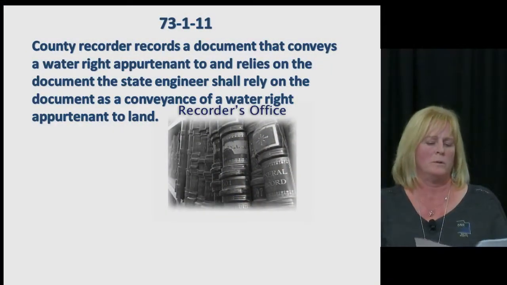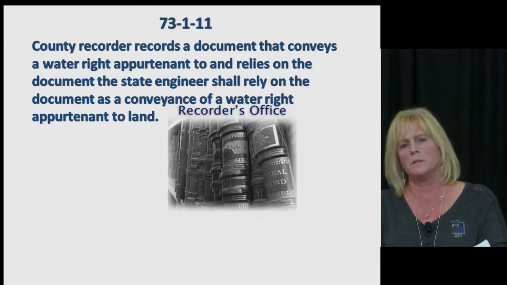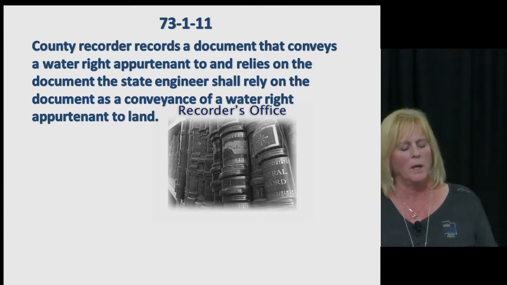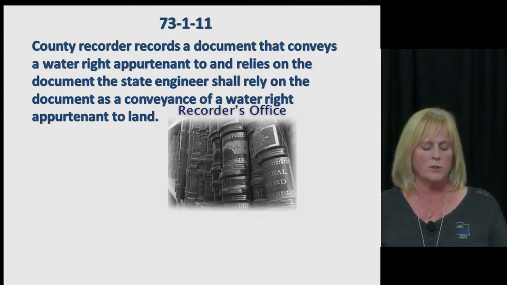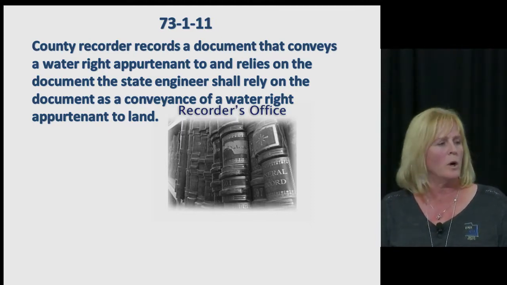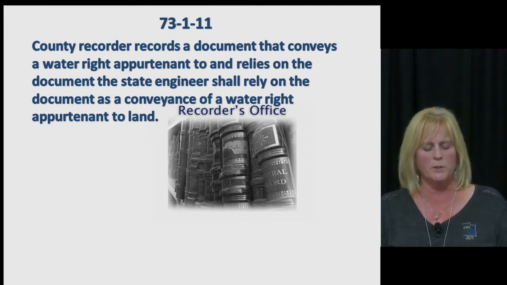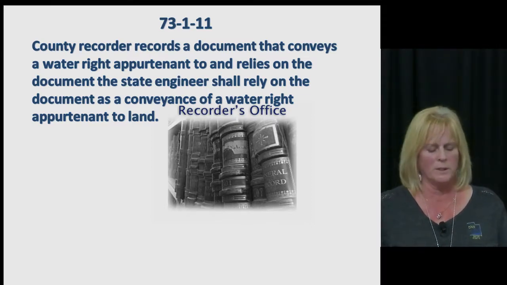Okay, so in relation to water right conveyance by appurtenance, on 73-111, it reads in our statute, if a county recorder records a document that conveys a water right appurtenant to land and relies on the document to maintain a tract index, the state engineer shall rely on the document as an effective conveyance of a water right appurtenant to land.